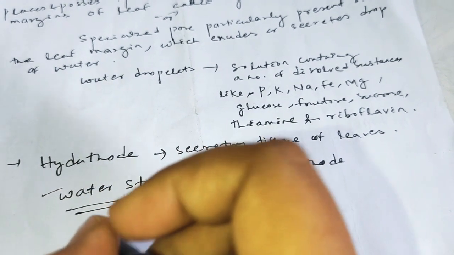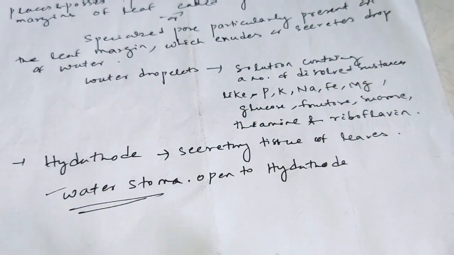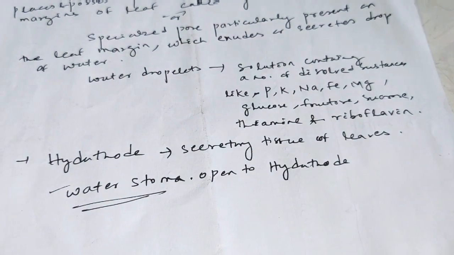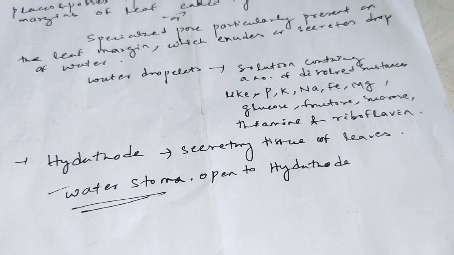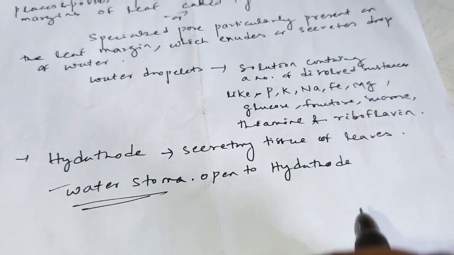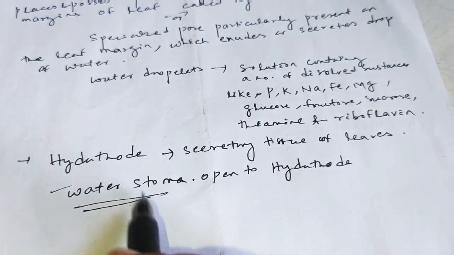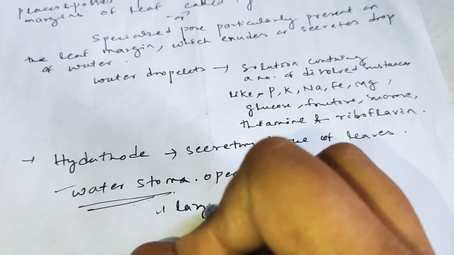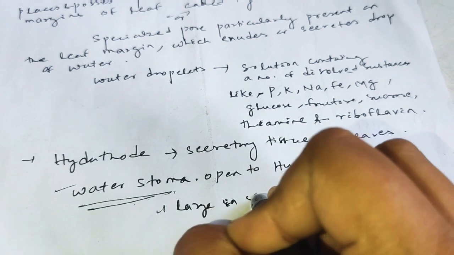Normally the stoma helps in transpiration. That stoma may be large or small in size, but the water stoma is first of all large in size.